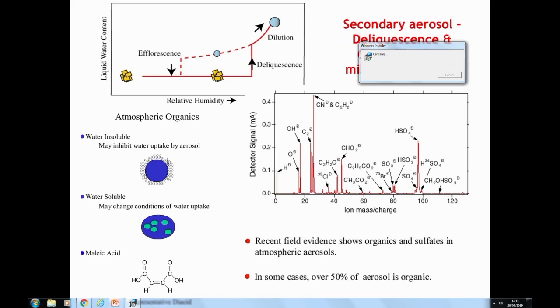And as it says, recent field evidence shows organics and sulfates in mixed organic aerosols. In some cases over 50% of the aerosol is organic. Actually, in some cases, 90% or more of the aerosol components are organic.